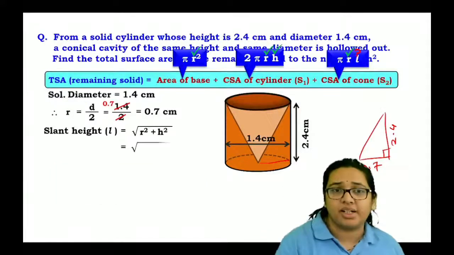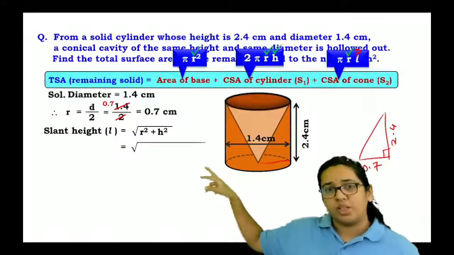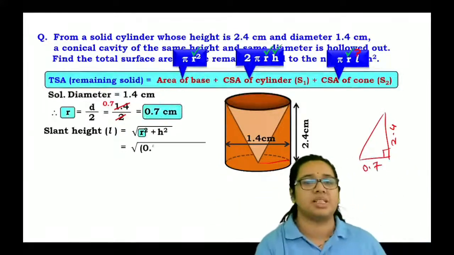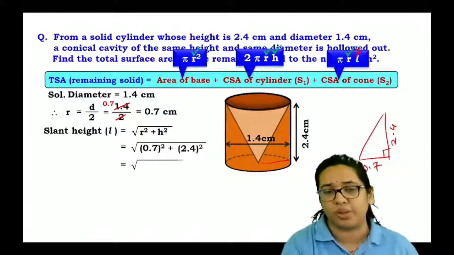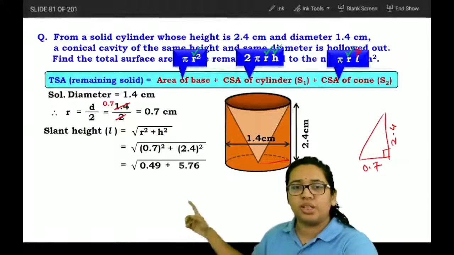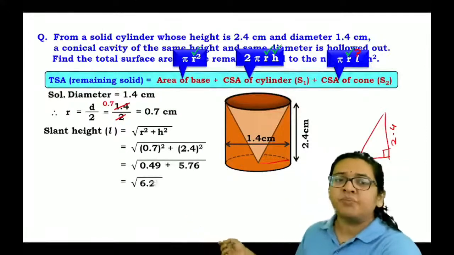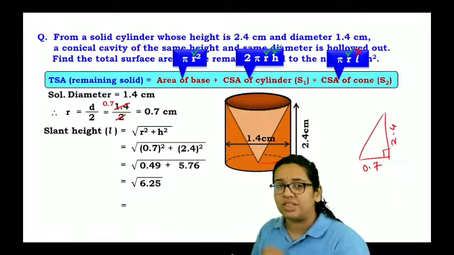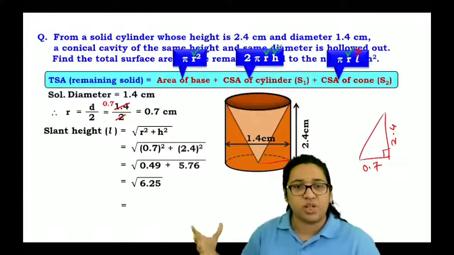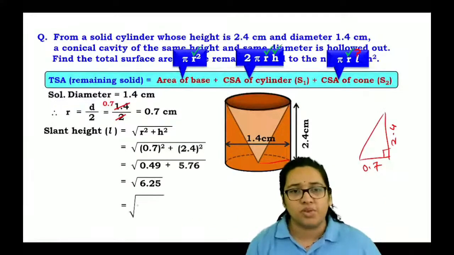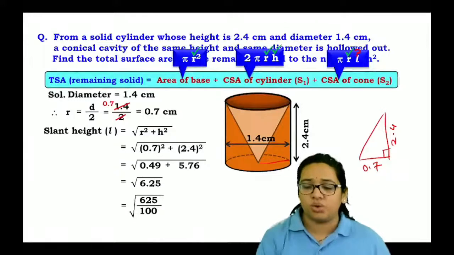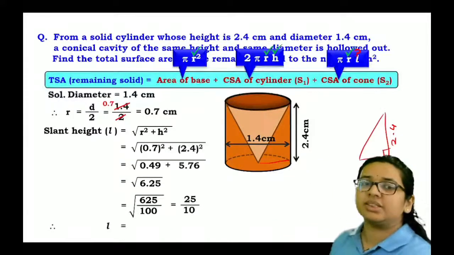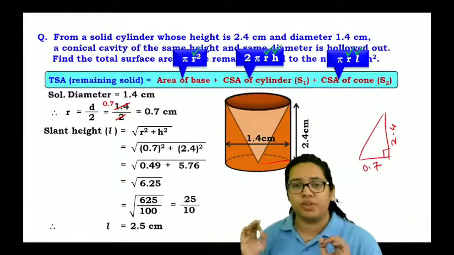Hence, slant height will be the square root of 0.7 square plus 2.4 square, that is 0.49 plus 5.76. So it will be 6.25, and we know that 625 is the square of 25. So its square root will be 2.5.